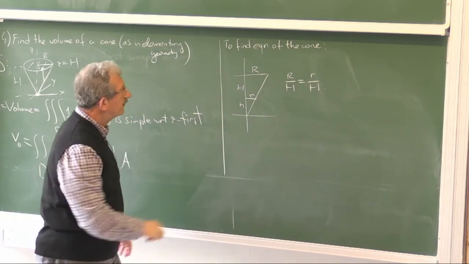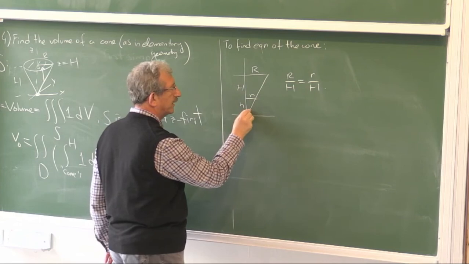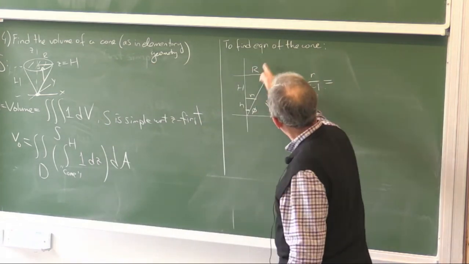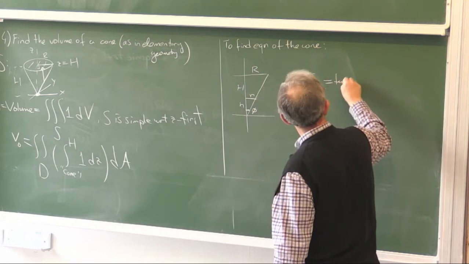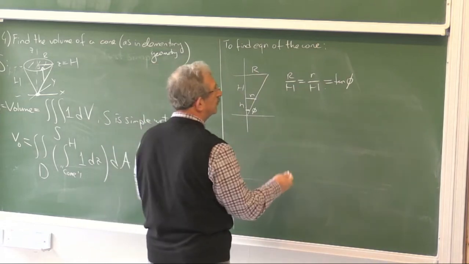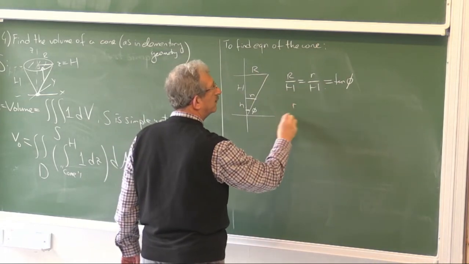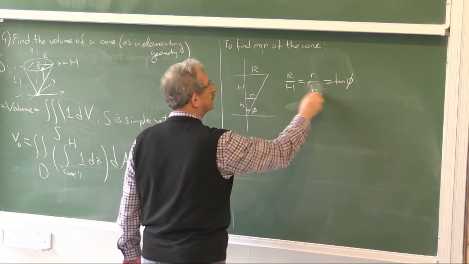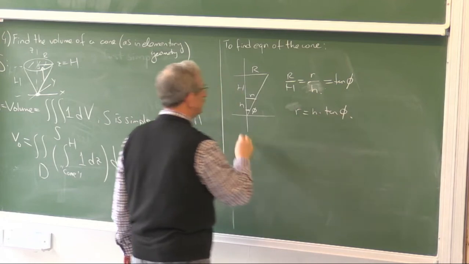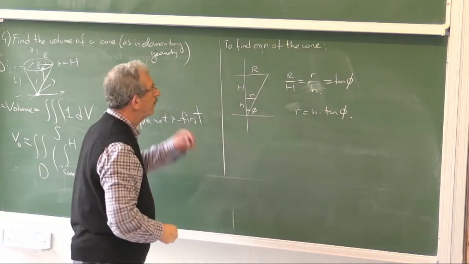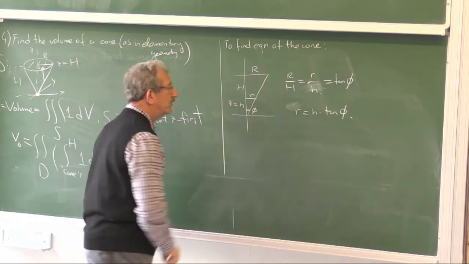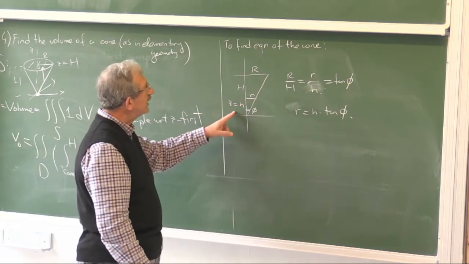And the angle that we have here, say phi, r over h is the tangent of phi. Which means, of course, that r, sorry, this is h. So r is h times tangent phi. But what do we know about that? If we call this z actually, then r over z is the same.